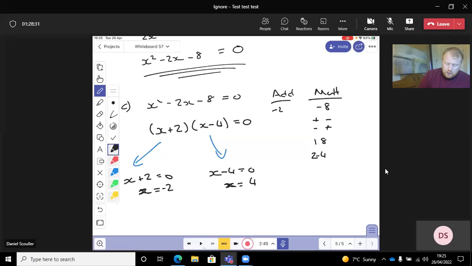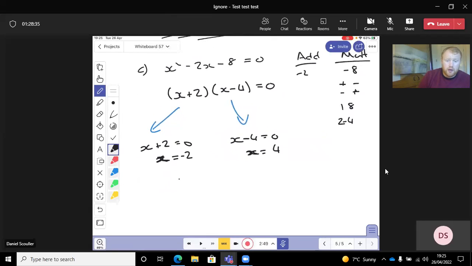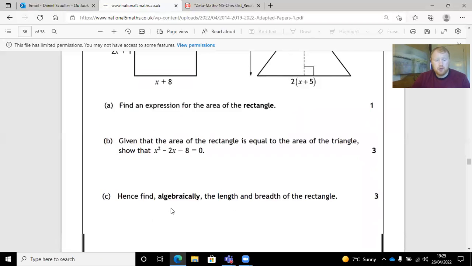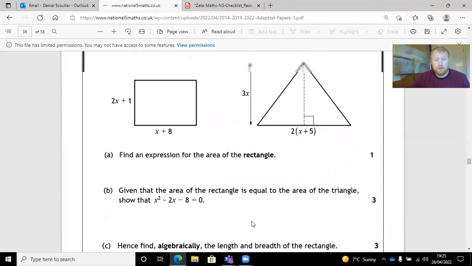Now what happens in these questions is one of them works and the other one doesn't. So it's looking for you to determine which one of these solutions works, because only one of your x terms will work if you substitute it back in. So we look back at the length and breadth of the rectangle.